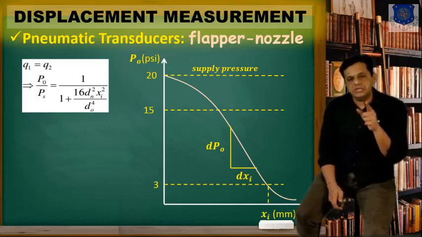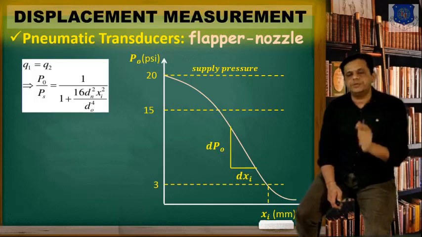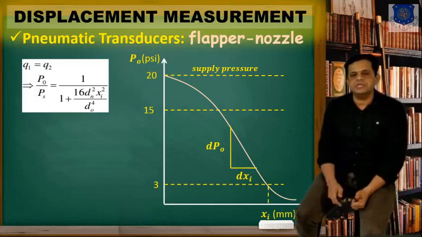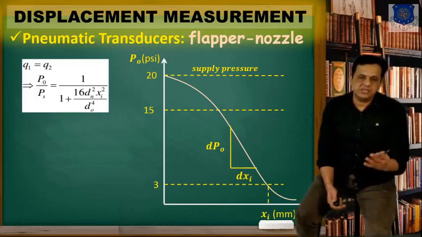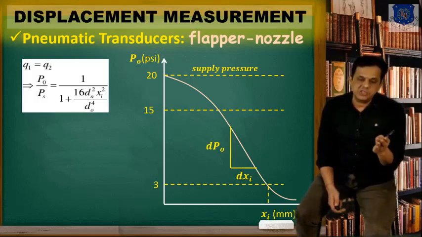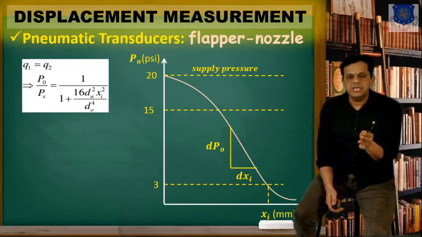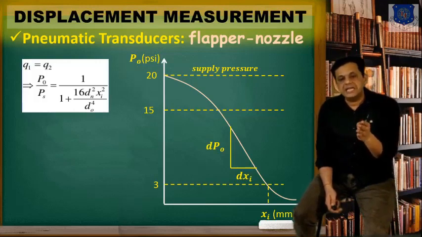So here you see the slope is almost linear between 3 to 15 psi, and practically because of that only we are using this pressure range to measure, like displacement will be converted to pressure and pressure will be measured, and again that secondary measurement will be calibrated in terms of displacement.